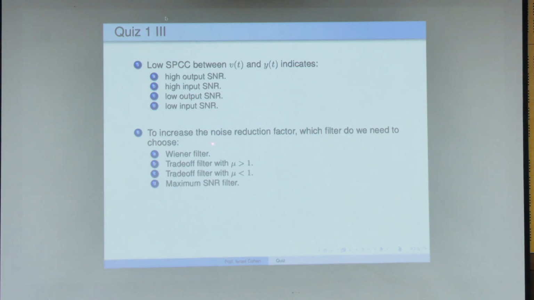Six, to increase the noise reduction factor, which filter do we need to choose? B, okay, trade-off filter with mu larger than 1. Is it correct? What about the maximum SNR filter?